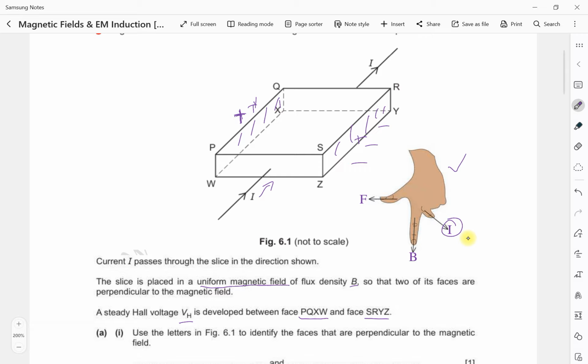And if that is the case, it suggests that the first finger should point downwards to show the direction of the magnetic field. If the magnetic force on the positively charged carriers was to the left, then the first finger must point upwards. In both cases, the magnetic field is perpendicular to the top and the bottom of the slice.